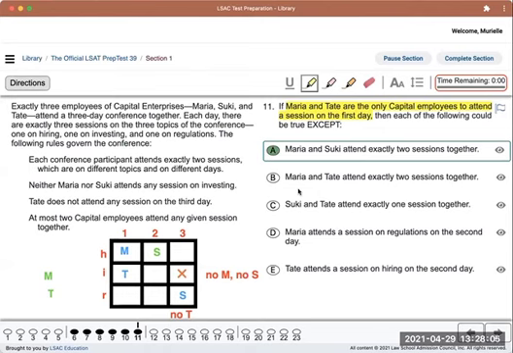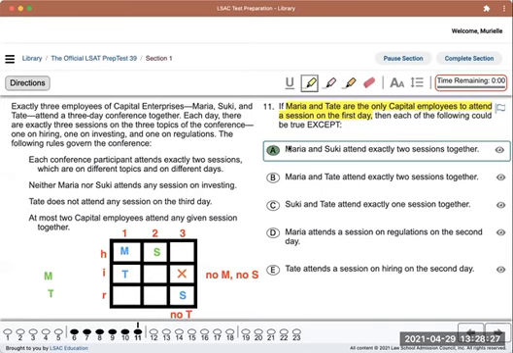They're the only capital employees to attend a session on the first day, rather than they're the only capital employees that are allowed to attend a session on the first day. Those are different things, right? So not only are they the only ones allowed to, meaning S can't, but they actually do attend a session on the first day.